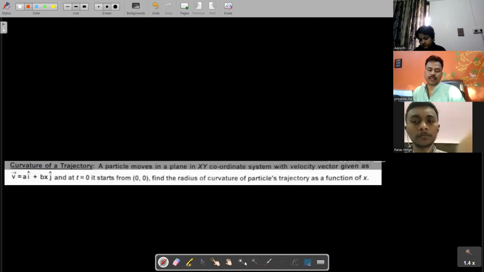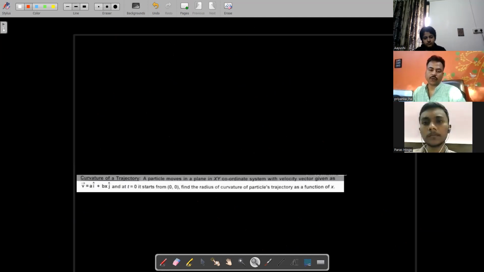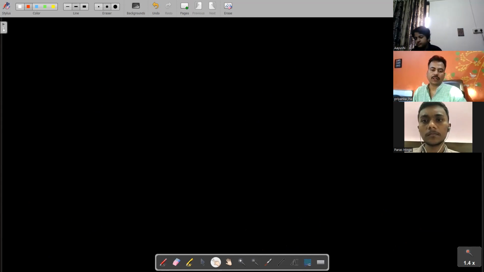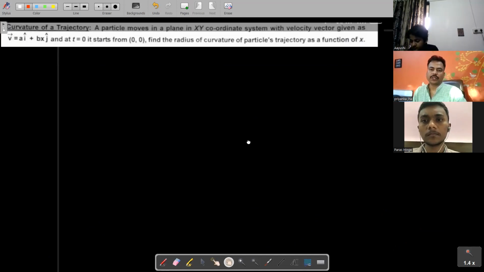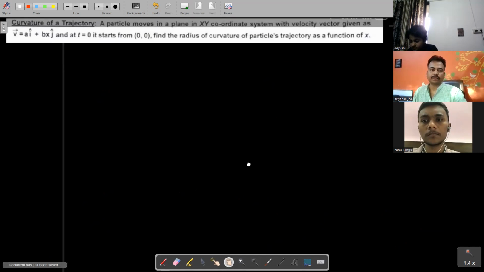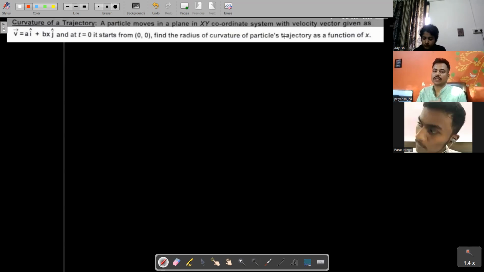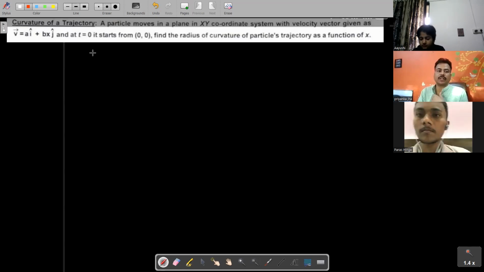See, the question is this. The question says that you have to find the curvature of a trajectory. A particle moves in the xy plane coordinate system with velocity vector given as this.